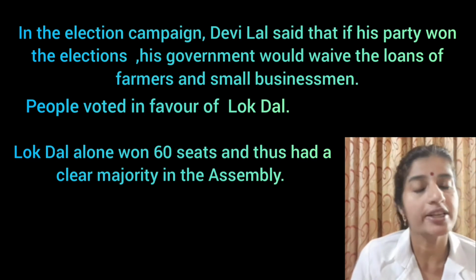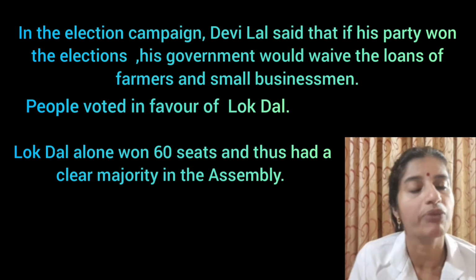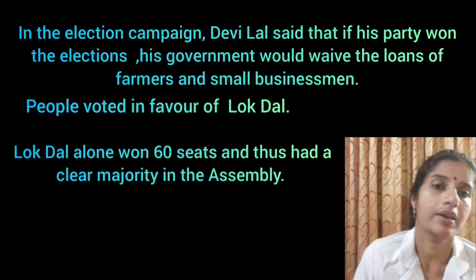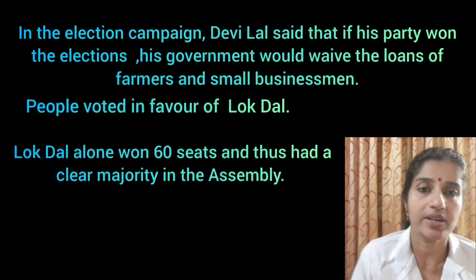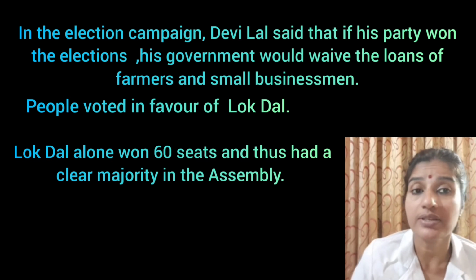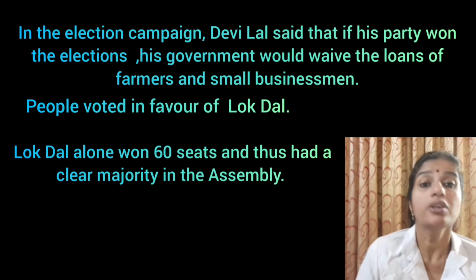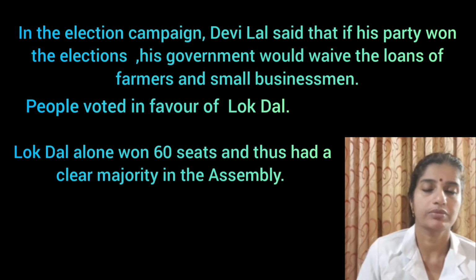Lok Dal and its partners won 76 out of 90 seats in the State Assembly. Lok Dal alone won 60 seats and thus it had a clear majority in the Assembly. So they were able to form government.